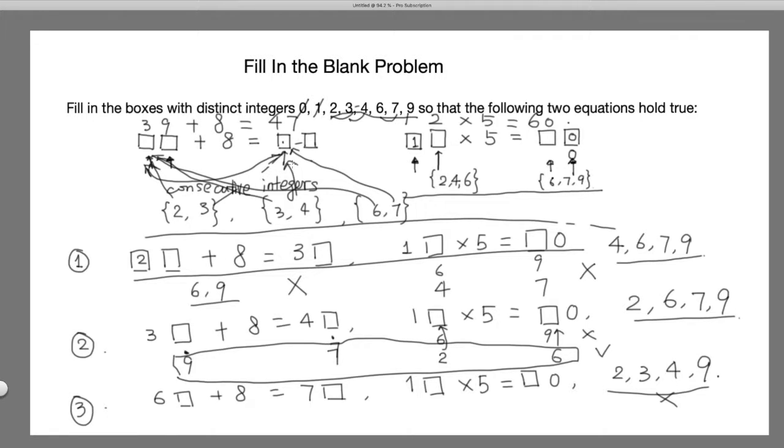So again, to solve those fill-in-the-blank problems, the first step is always trying to understand the problem. Look very carefully, what are the choices of the digits? And then try to find the key to limit certain boxes.